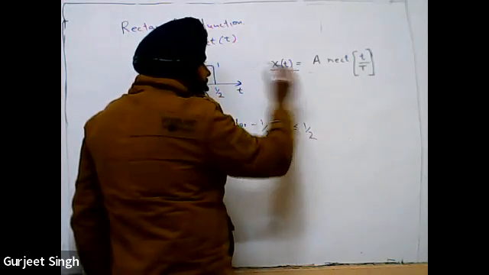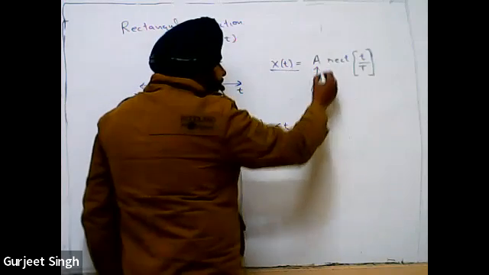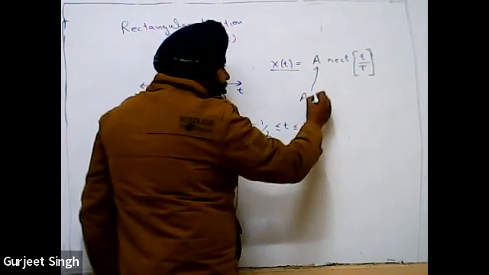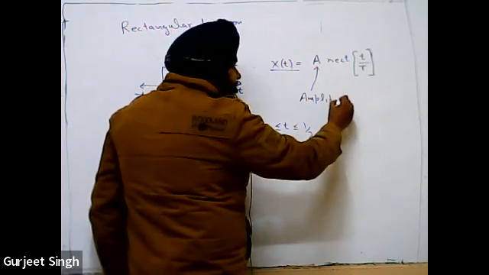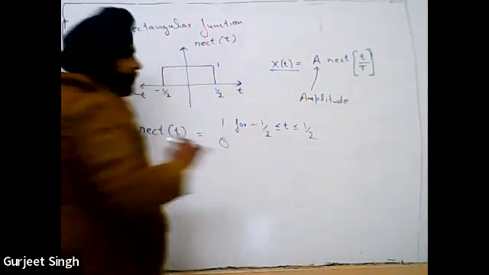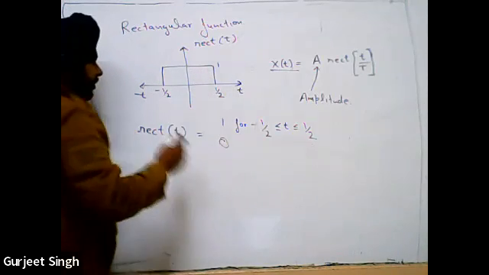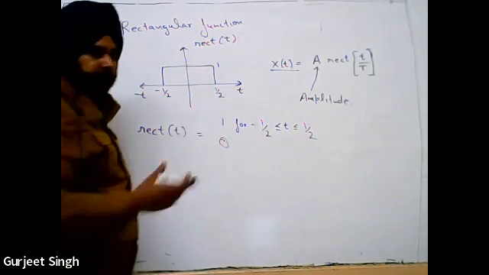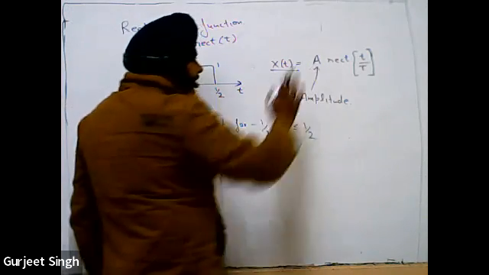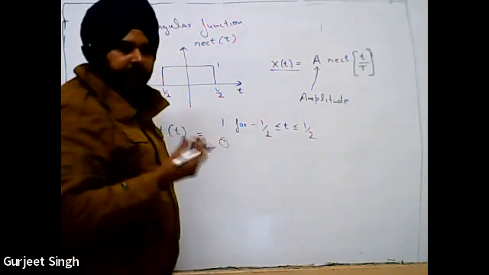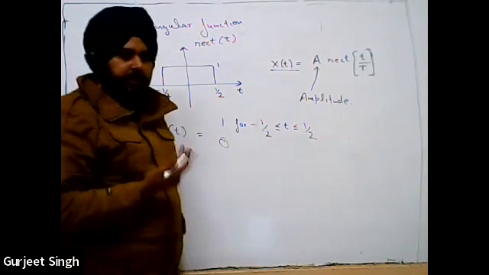x(t) is the function. What is A showing? A is showing the amplitude of this rectangular function. Here the amplitude is one, that's why we are using one. But here A is representing the amplitude of this rectangular pulse.